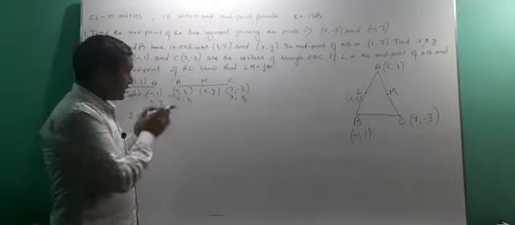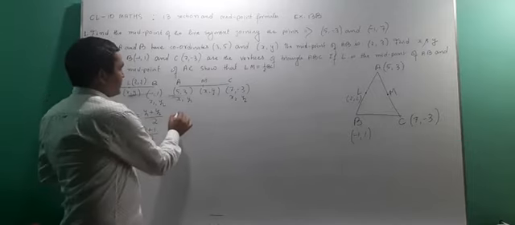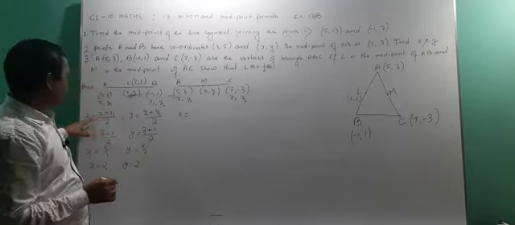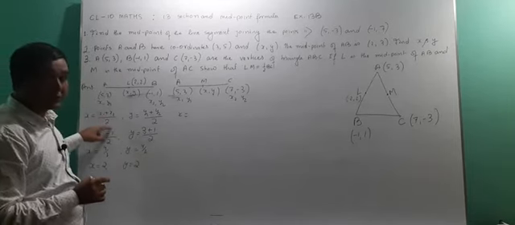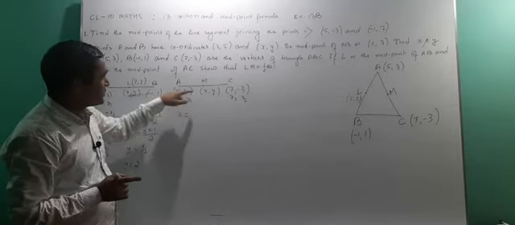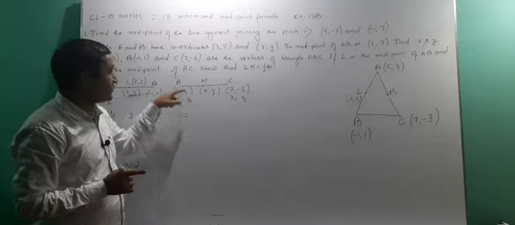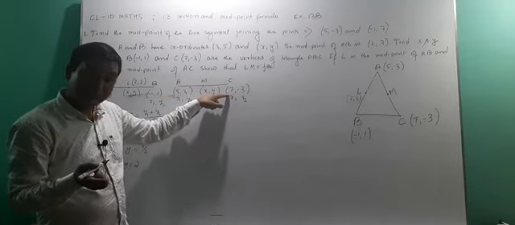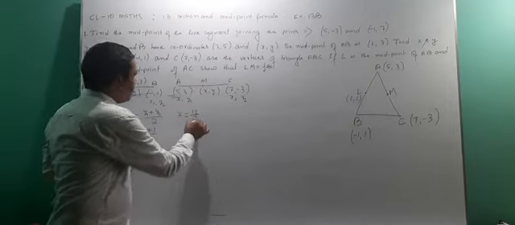Now let's do it directly here. For x the formula is the same: x1 plus x2 divided by 2. 5 plus 7 is 12, divided by 2.